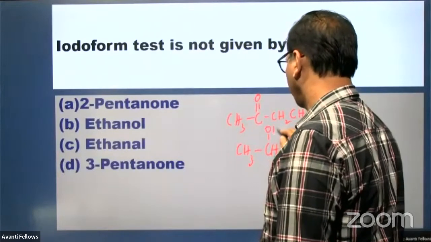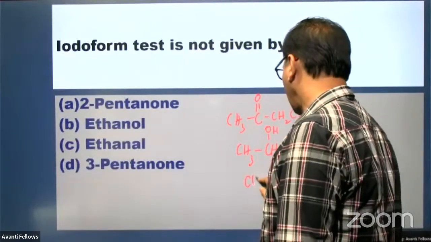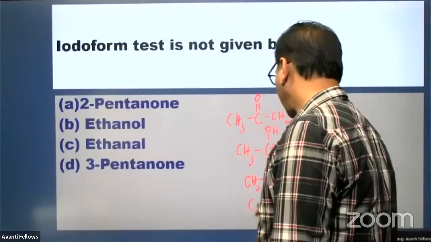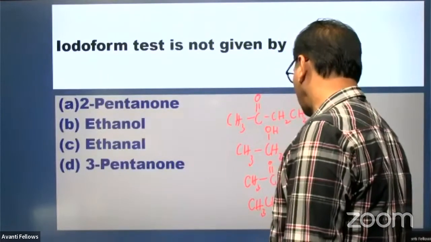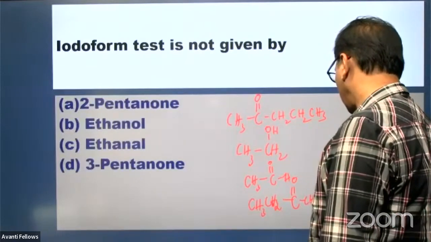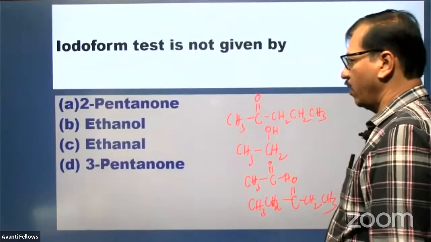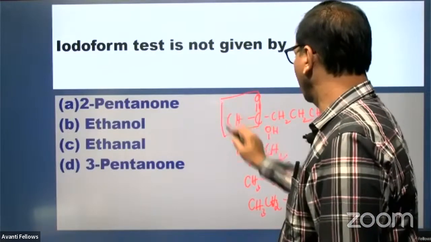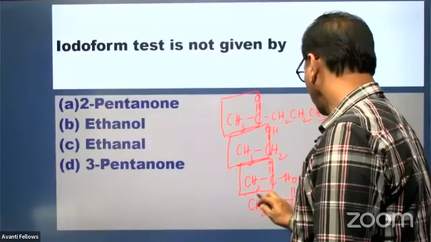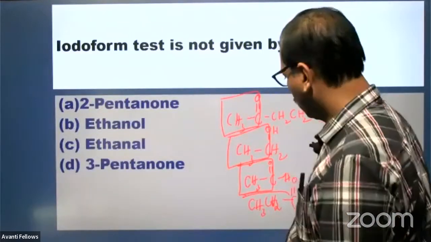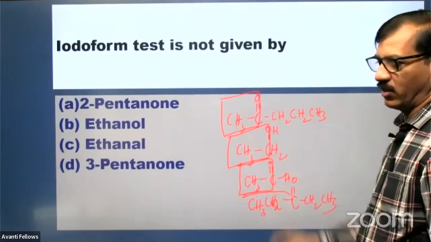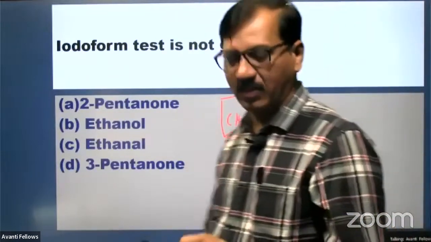This is ethanol, and ethanal is CH3CHO. And 3-pentanone is CH3CH2C double bond OCH2CH3. Now all these others have this skeleton, you can see, but this one does not. If this skeleton is there, it gives iodoform test. So writing the structure and coming to this conclusion is better.